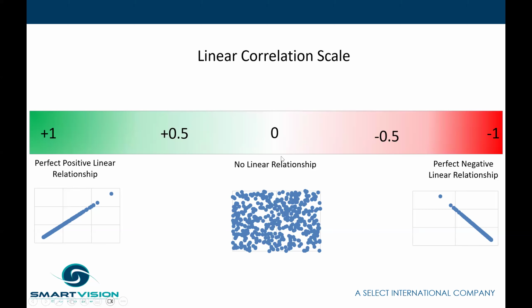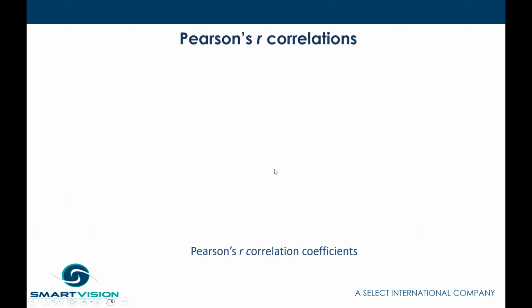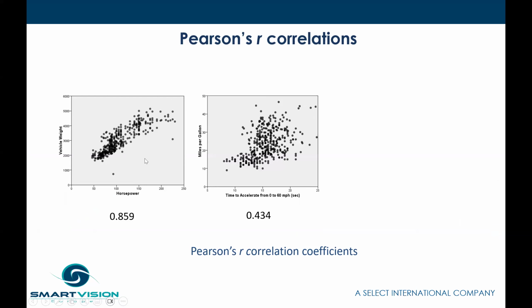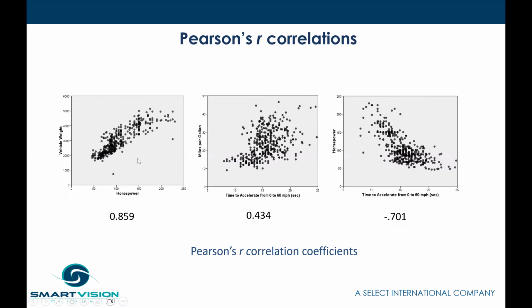If you had absolutely no relationship between the variables or the factors, you just get a correlation of zero or very, very close to zero. And for Pearson's R correlations, we're looking at continuous data, which is scale data, number data, rather than rating scales. You can look at a scatter plot and guess what the correlation is.